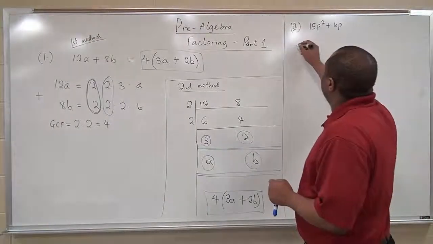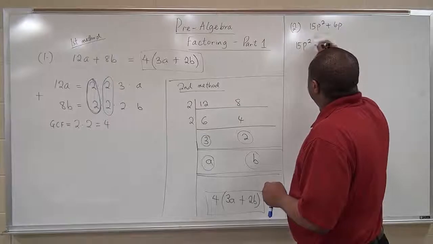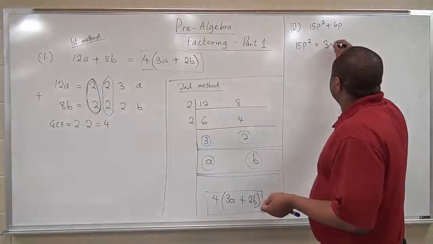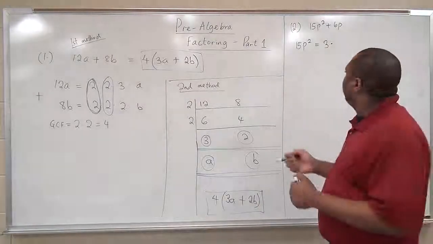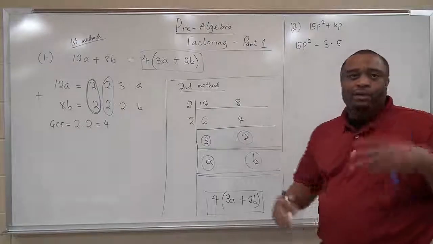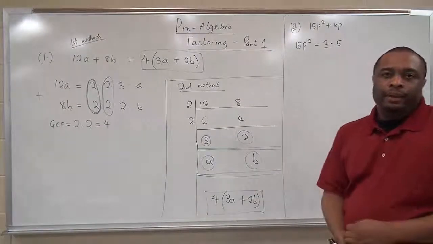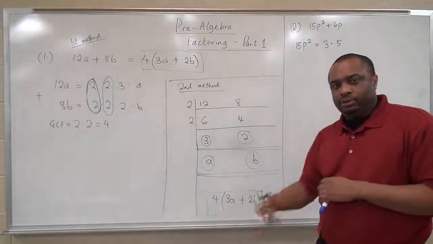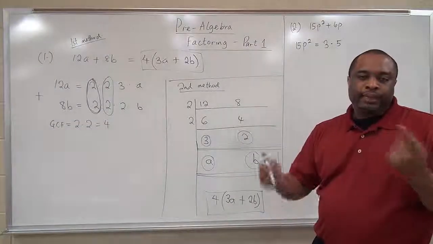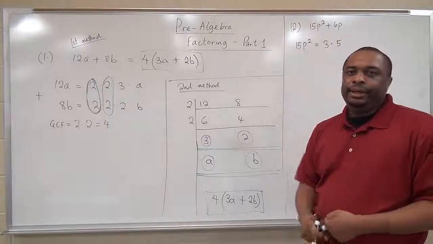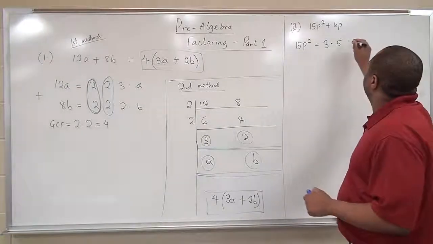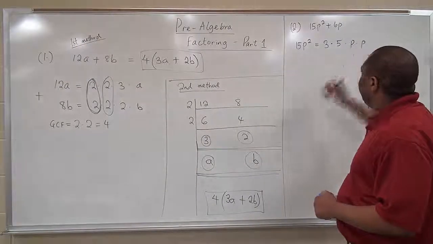So for 15p squared, you start with the smallest prime. 2 cannot divide 15 without a remainder, so the next smallest prime number is 3. 15 divided by 3 is 5, and 5 is also prime. So you stop. Times p times p.